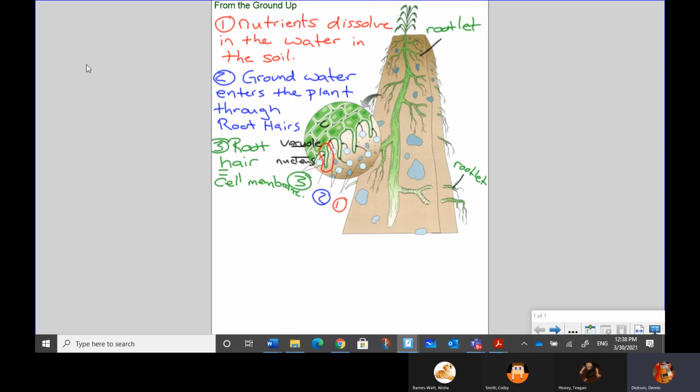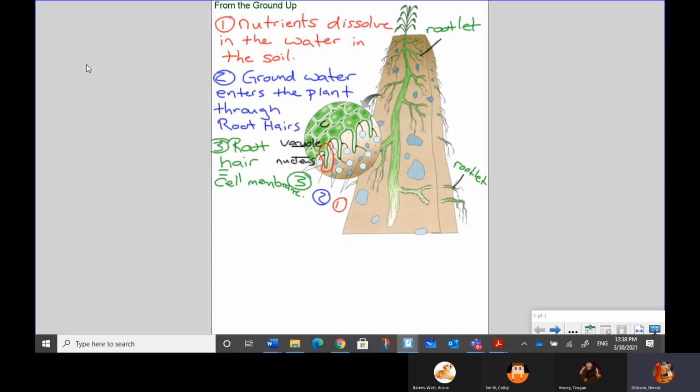Does that make sense? All right. So the plant's roots are set up the same way. You've got the main big thick root, and then it branches off into thinner roots, and then it branches down into really the tiny little rootlets. And off of the rootlets is where you get the location of all your root hairs and things like that.